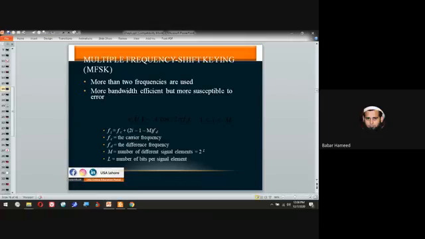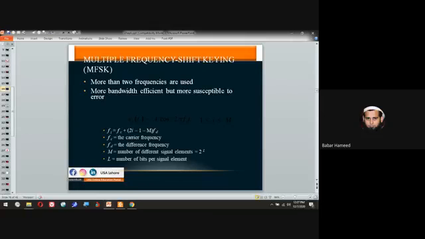You know, the carrier is the center frequency, and we have to add the difference frequency to the original carrier. How many difference frequencies we need depends upon the number of total elements. Hope you got the idea.